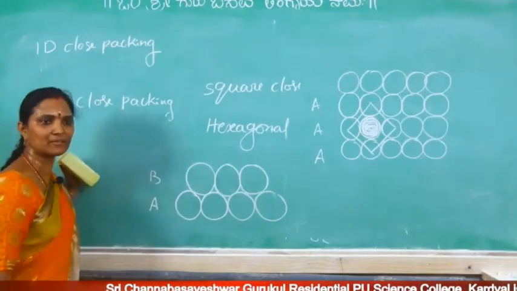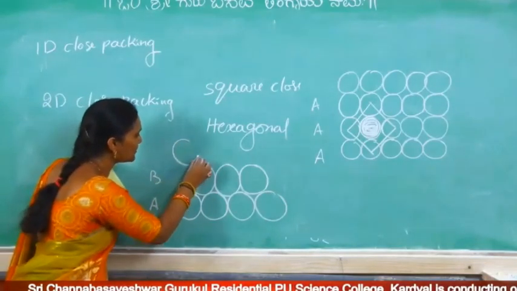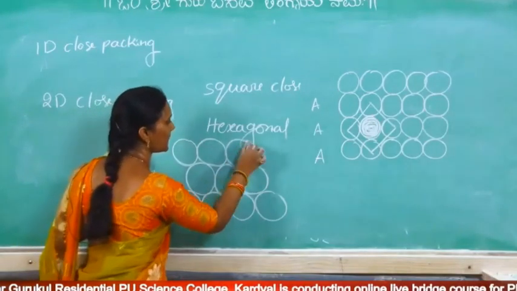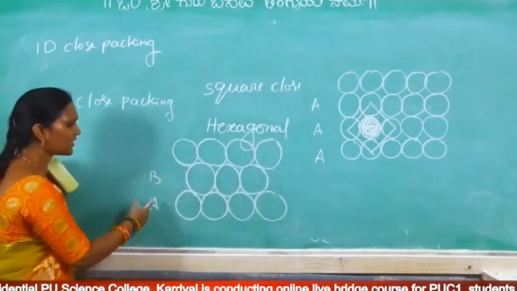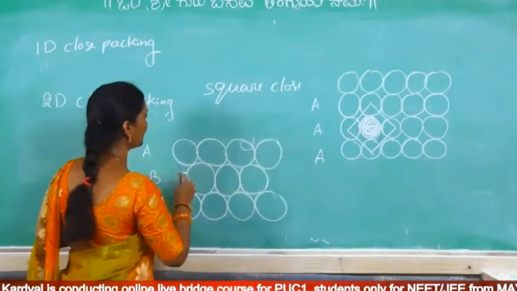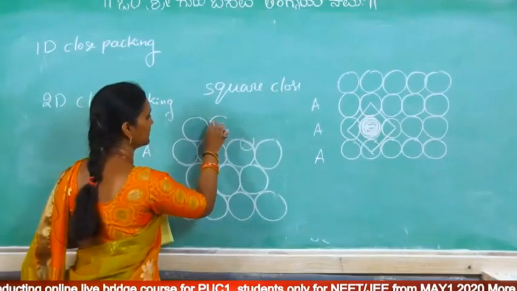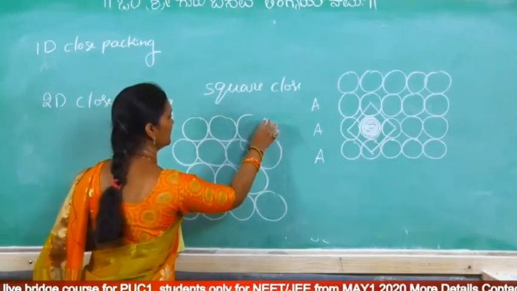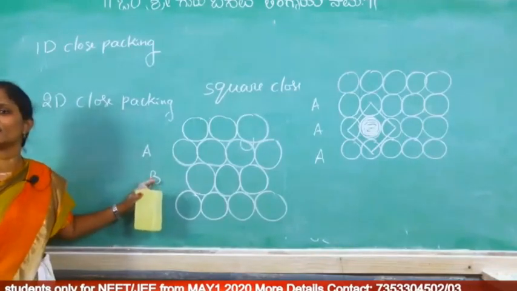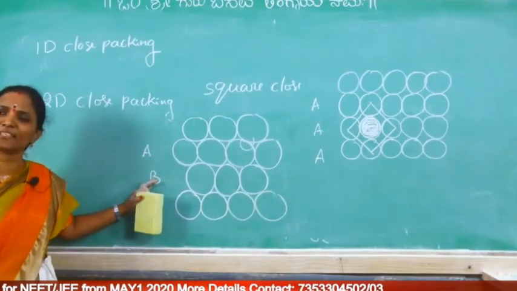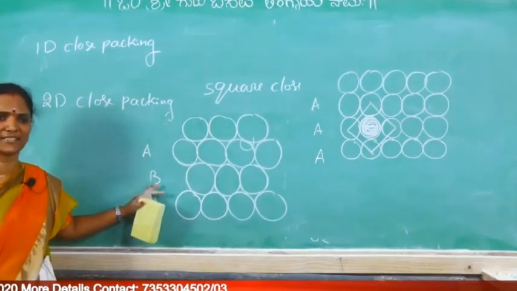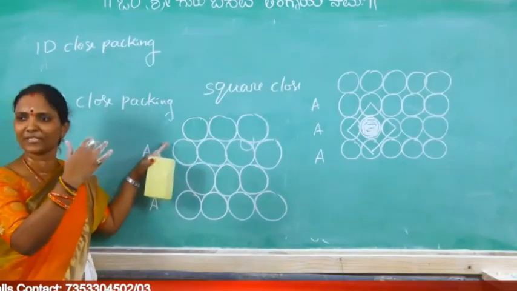It is B. The next layer is again on the depressions of the second layer, similar to the first layer A. Now the fourth layer, on depressions, is just like the second layer. So the second layer and the following fourth and sixth layers are similar. First, third and fifth layers are similar.